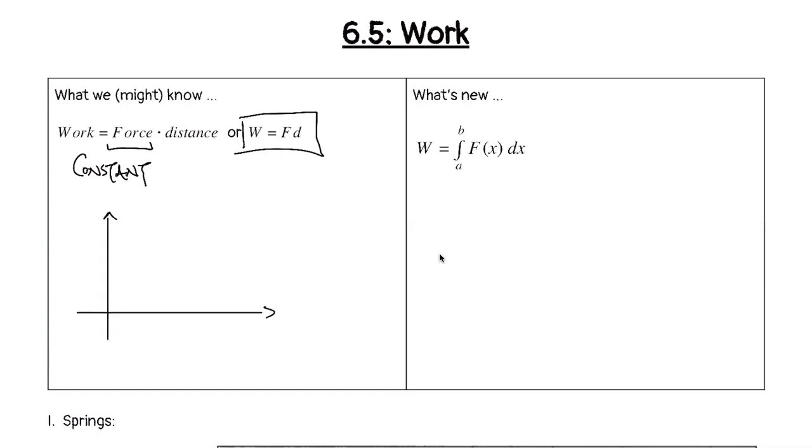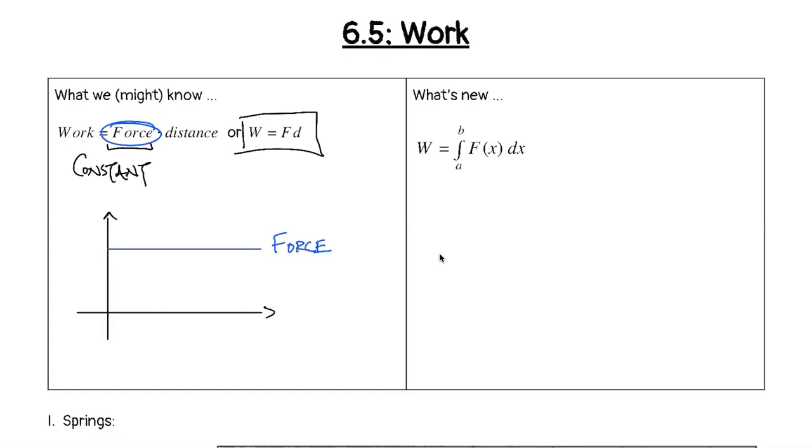I'm not going to draw the negative side, because we typically think about the distance as a starting distance and a stopping distance on the positive side. But this force, if I think about it on a graph and it's constant, looks like this. All right, so this is our force.